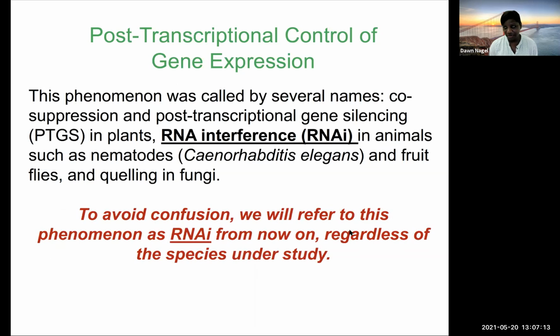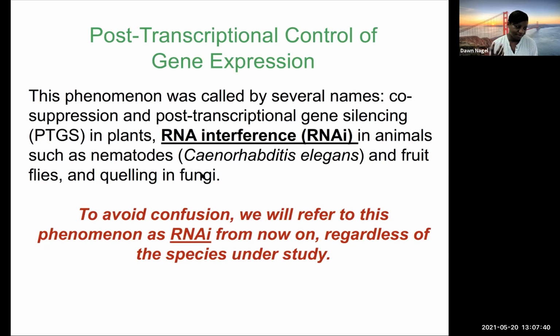Based on that study and other studies in other organisms, we talked about the work we did was shown in worms. Similar studies were done in fruit flies, in Drosophila, and also in fungi, in Neurospora. And what they found was that the mechanism was very similar across all of these organisms.